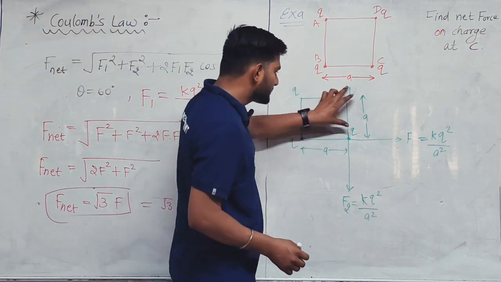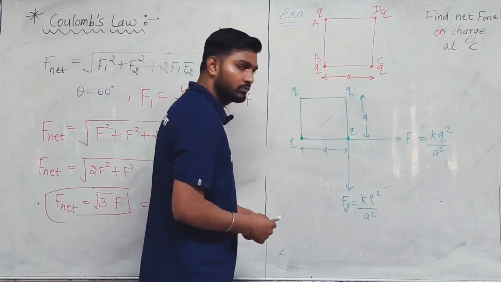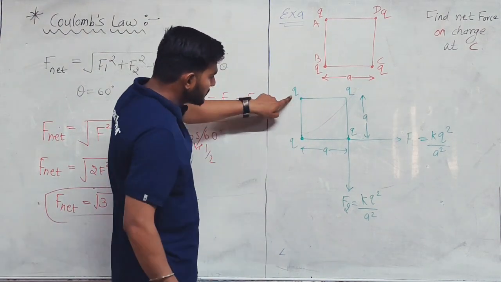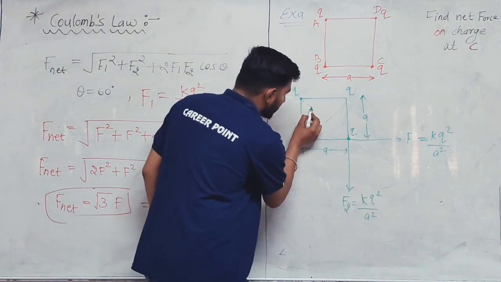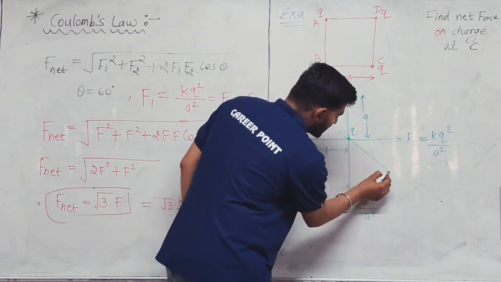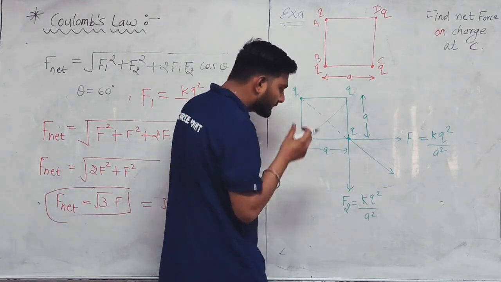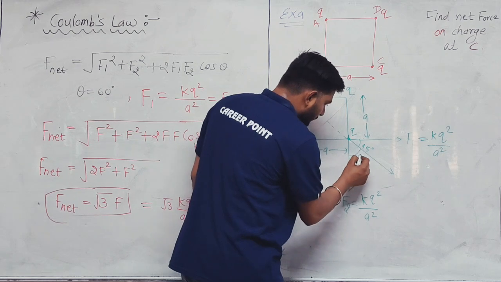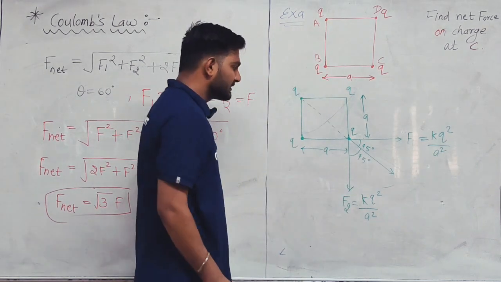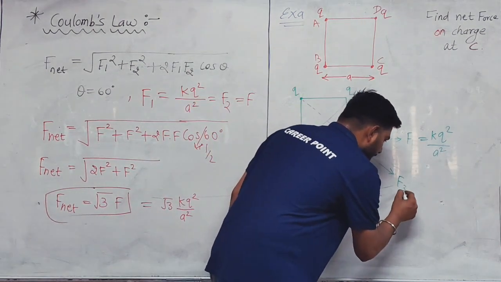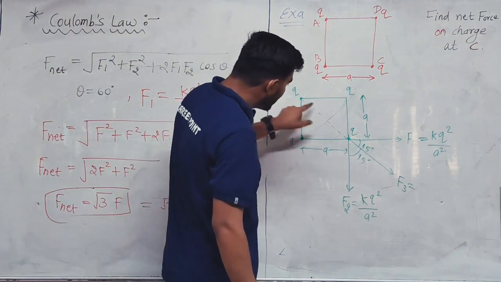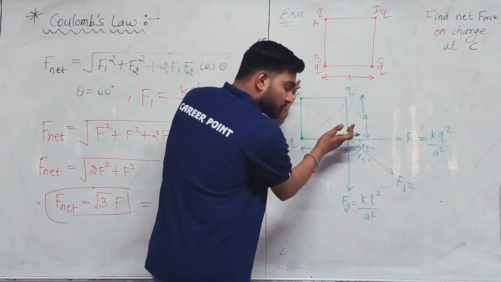Now we have done these two forces. Only the third is remaining. The force due to this charge on this charge will be along this direction, making a 45-degree angle with this. Let's suppose this is F3. F3 will be K Q1 into Q2 by separation square.